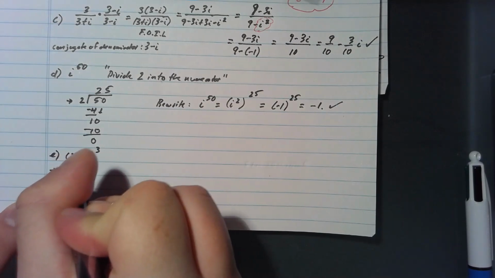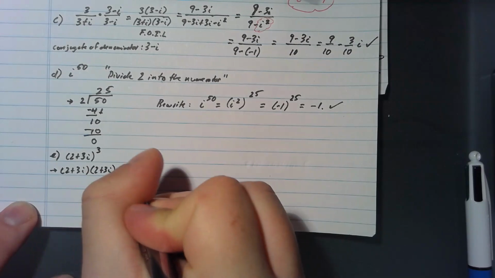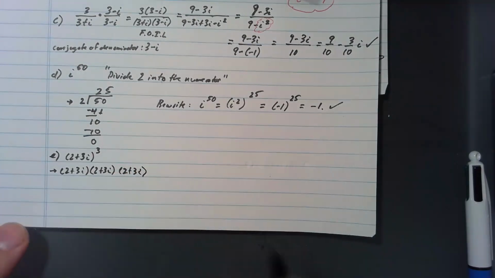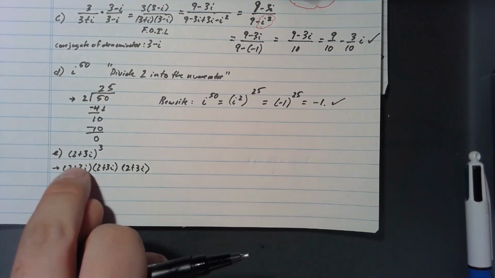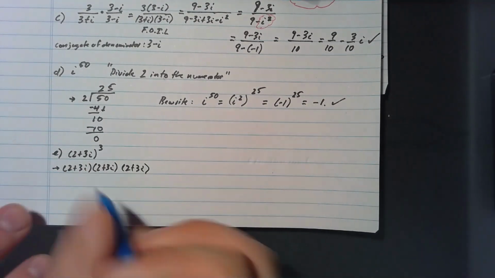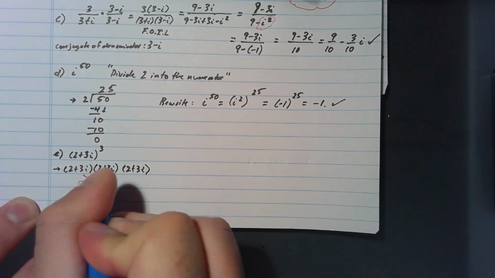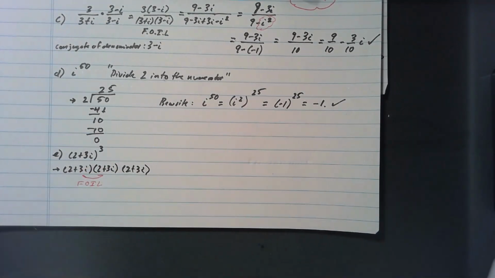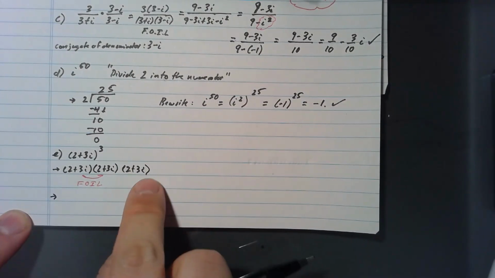FOIL the first 2 and then distribute the third one. So I'm going to have 2 plus 3i times 2 plus 3i times 2 plus 3i. So FOIL these 2. The third one we'll just ignore for the time being.